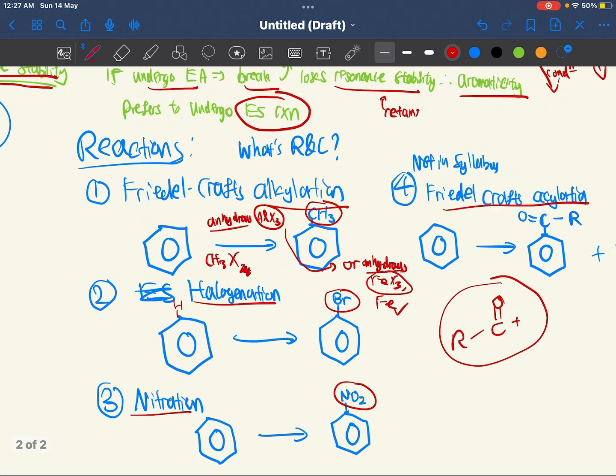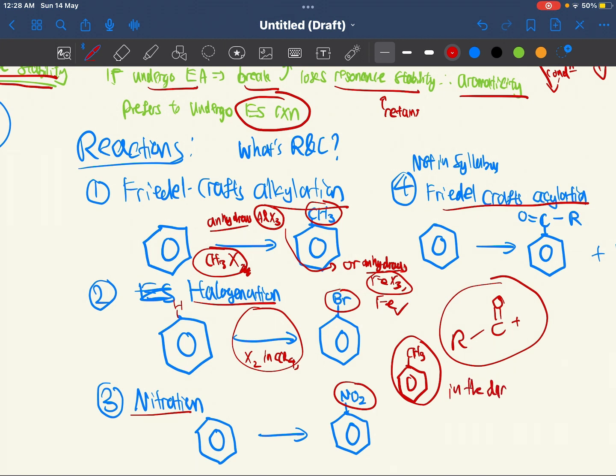For halogenation, it's the same set of reagents and conditions, except instead of my RX here, I will use X2 in CCl4. But if we are going to do halogenation on a side chain, then we have all these reagents and conditions, just that we need to say in the dark, because we would not want free radical substitution to go on here.